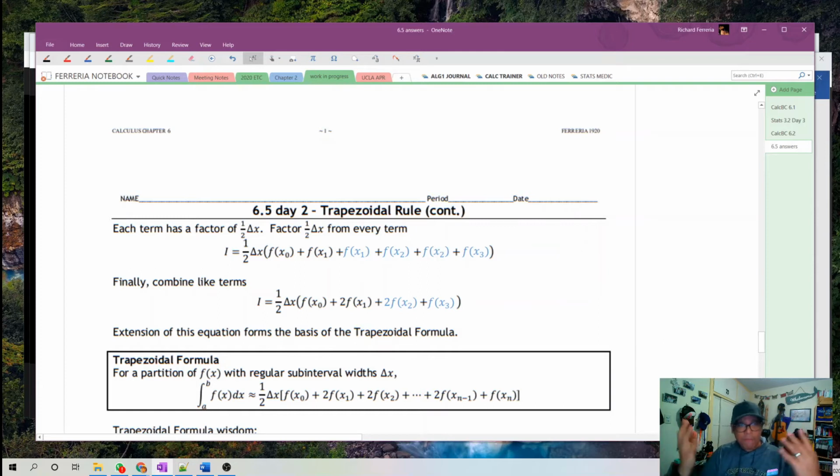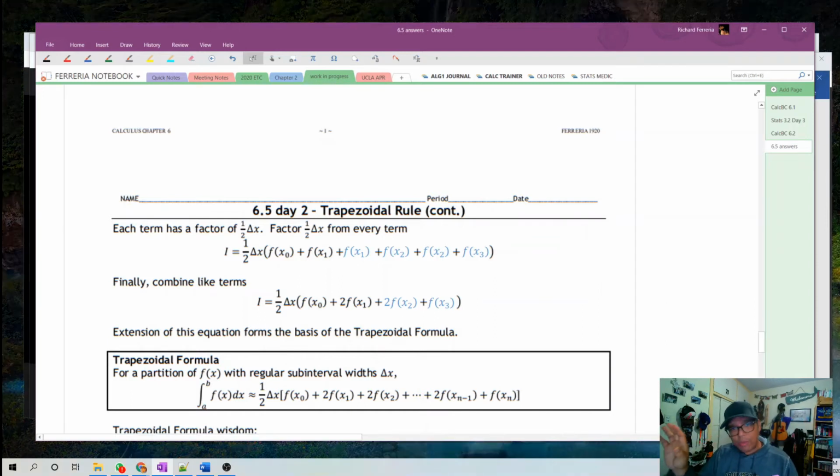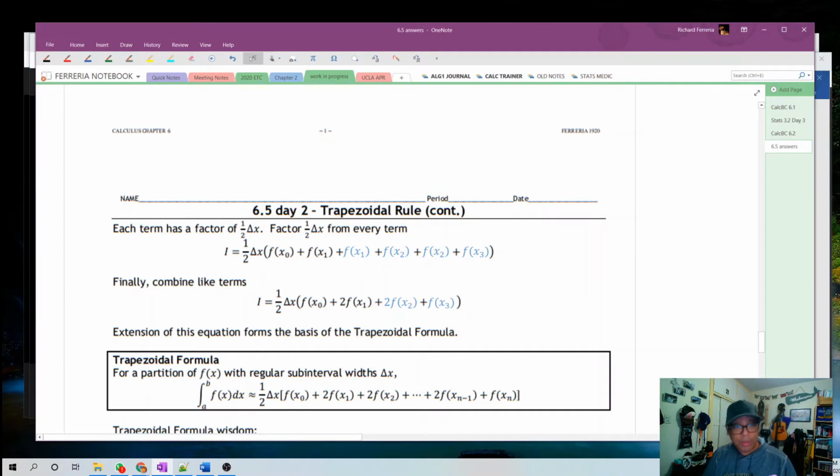And if you did this for a number of trapezoids, let's say we had more than 3 trapezoids, let's say we had 10, well, you would find out that the first y value is always going to happen once. Everything after that is going to occur twice, and then the very last y value is only going to happen once.